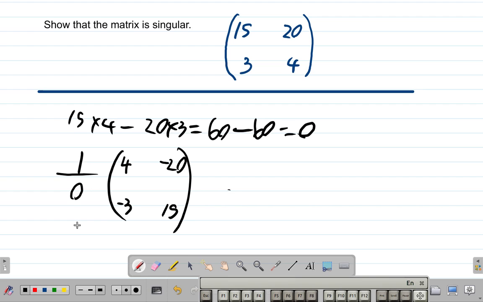It can't work. So in that case, it is indeterminate. Or what you can say is this is undefined. You cannot determine it, but the usual thing is to say it is undefined. You cannot find the inverse of a singular matrix.